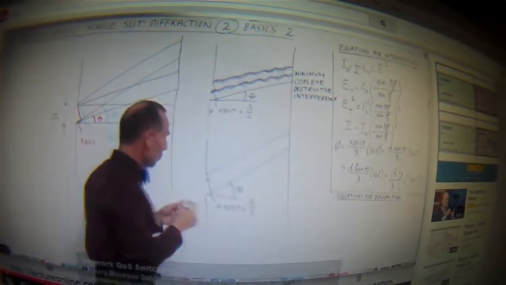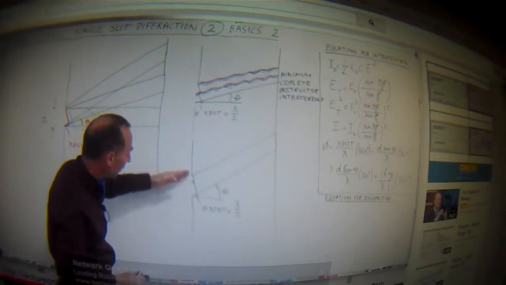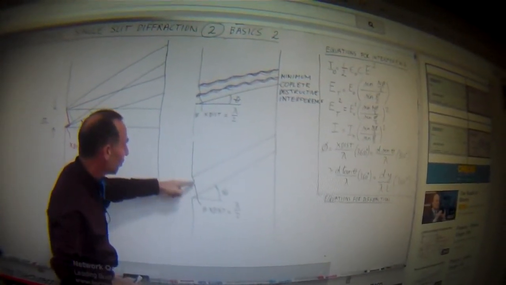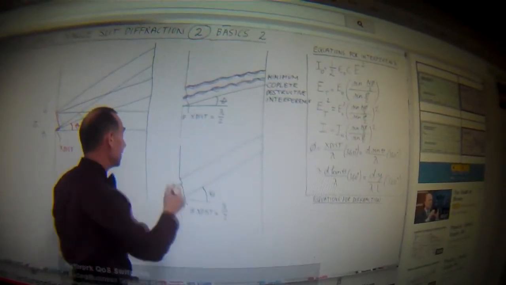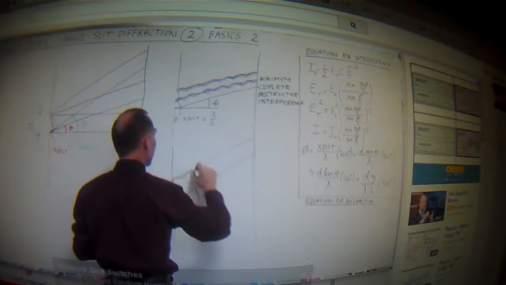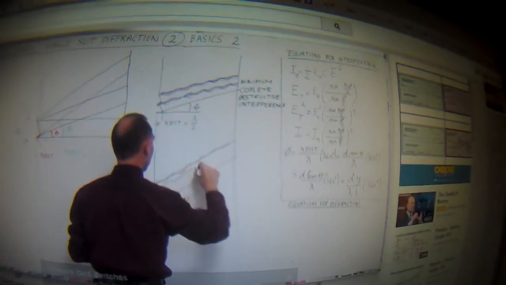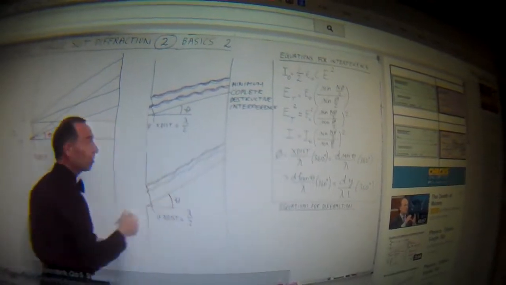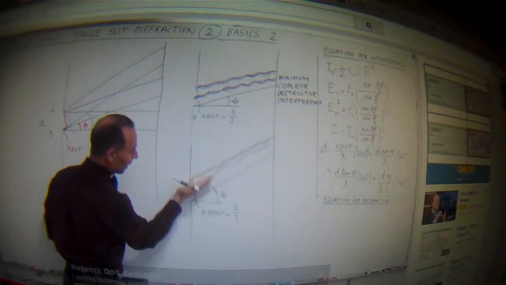Now what happens when you have a greater lookup angle like this? Now you realize you don't have to go as far into the beam before you hit a point where this portion of the beam will travel half a wavelength farther than this one. So again, you have the same principle, but this beam right here and this portion of the beam right here, they're half a wavelength out of phase, so they will cancel each other out. And the ray right below it will cancel out this one, and the one below that will cancel out this one.